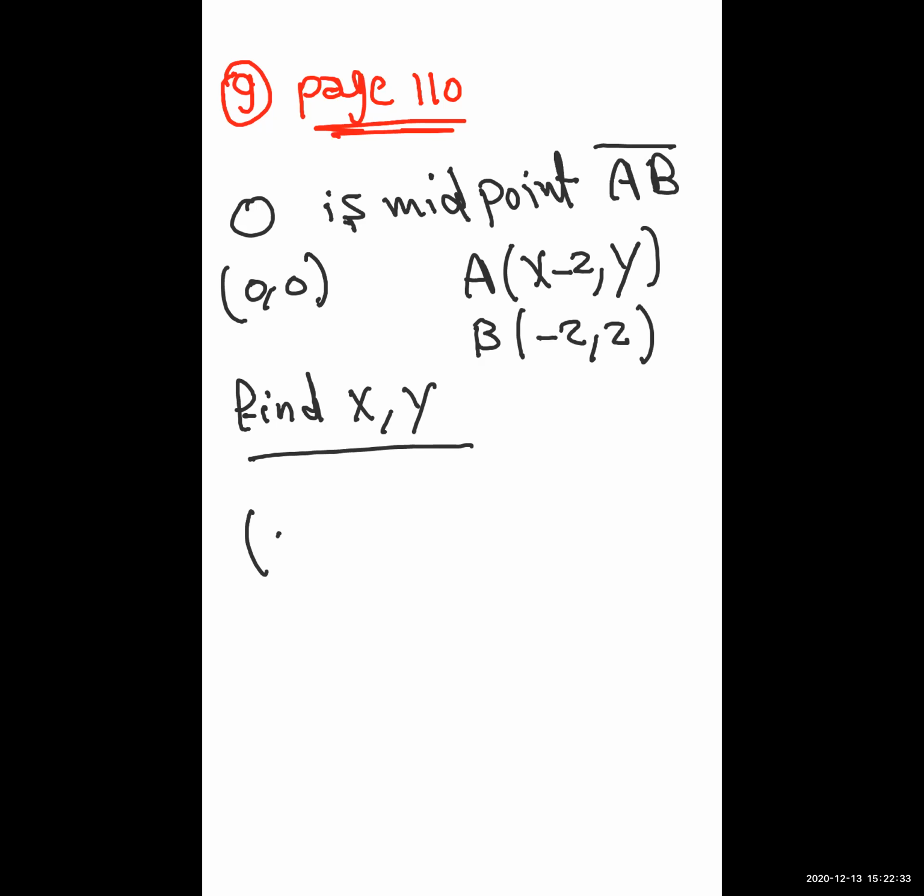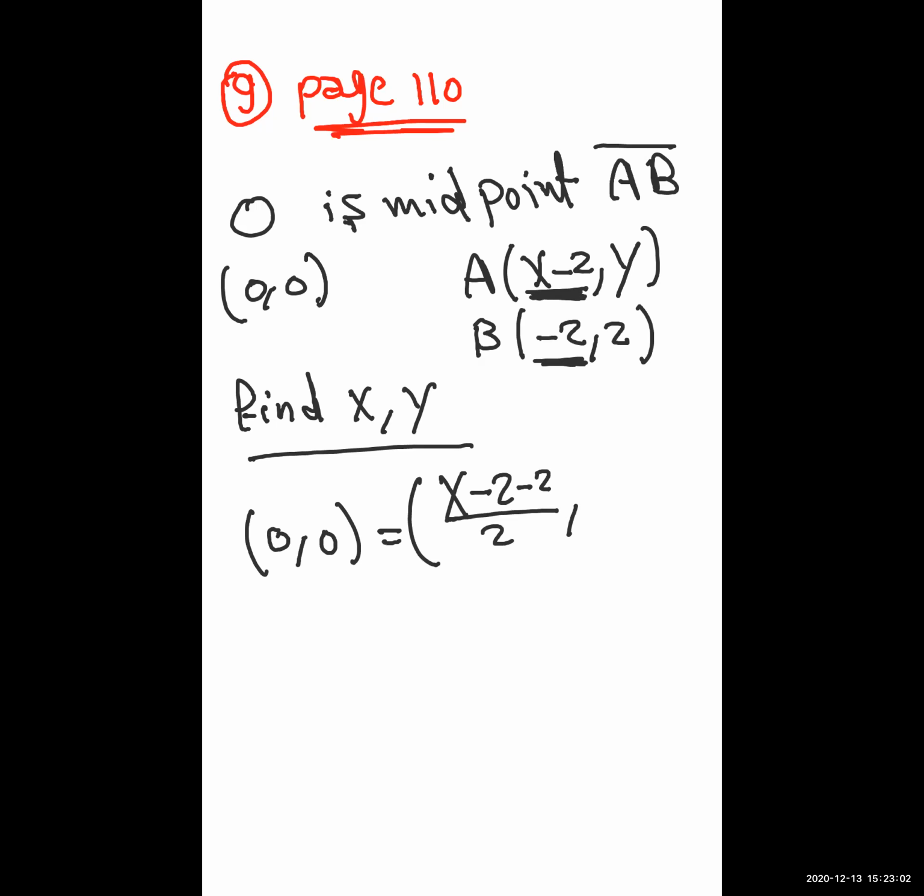So (0, 0) will equal: x minus 2, which is x1, and x2 is negative 2. So x minus 2 plus negative 2, which will be x minus 2 minus 2 over 2, so x minus 4 over 2.